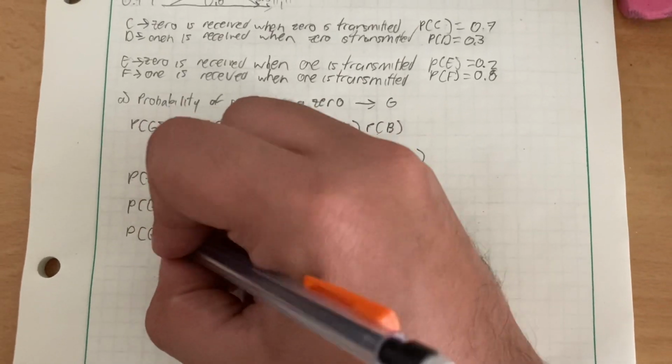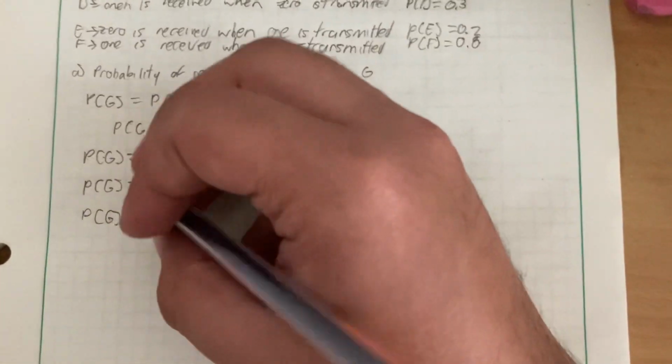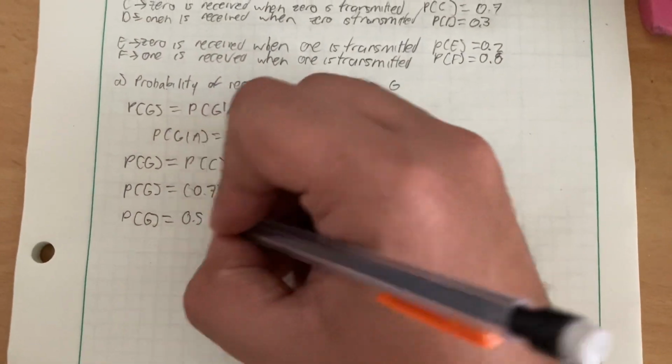On solving, we have that the probability of receiving a 0 is going to be equal to 0.5.